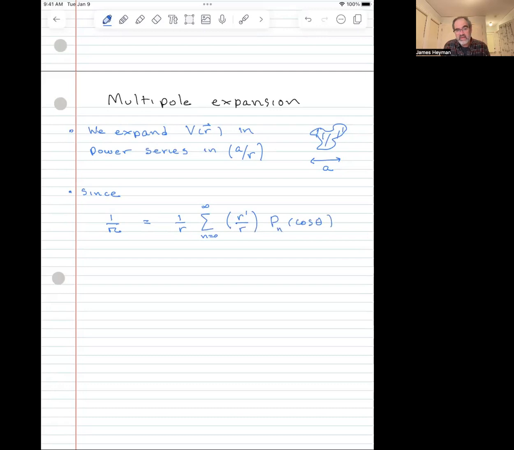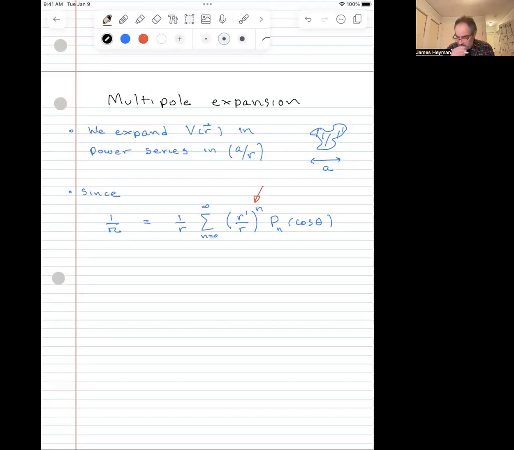So yes, this is an expansion of 1 over script r, which is the distance from a charge at location r prime and our field point at location r. And you can see that we've been able to expand it in powers of the source coordinate r prime and the field coordinate r.